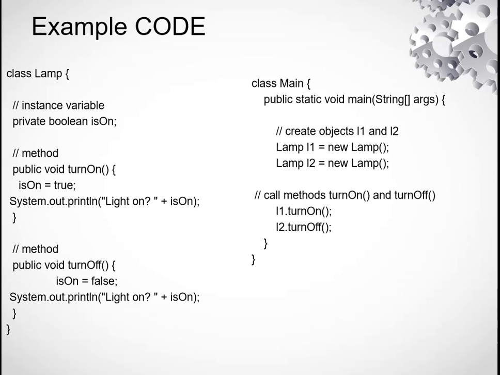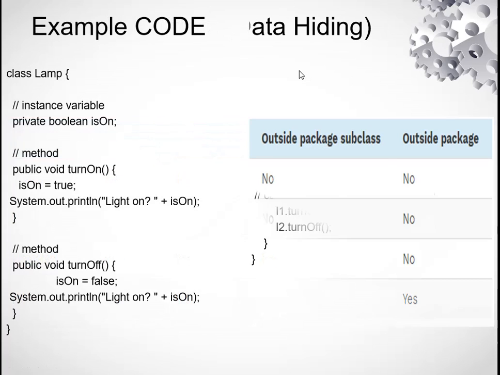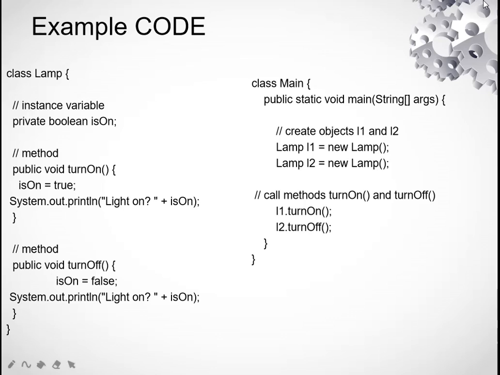Now, what are instance variables? Instance variables are the properties of that particular class, isn't it? Let's say, for example, I have a class Lamp.